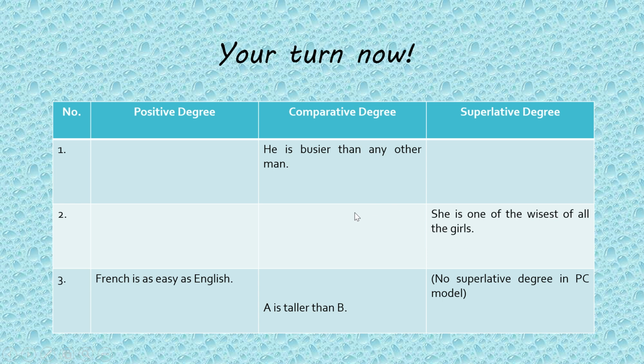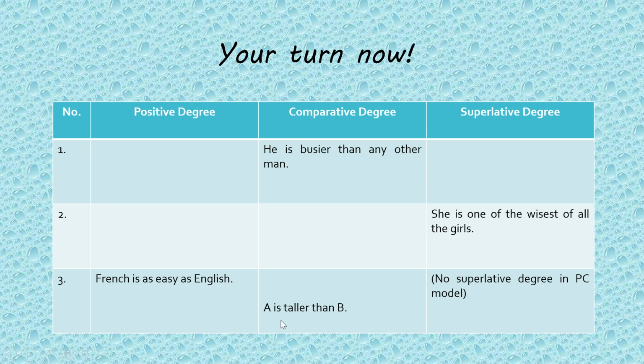So let's do the comparative degree first. M: she is wiser than many other girls. And in positive degree, we say very few girls are as wise as she. Now the third model: French is as easy as English, which can be said as English is not easier than French, or French is not easier than English.